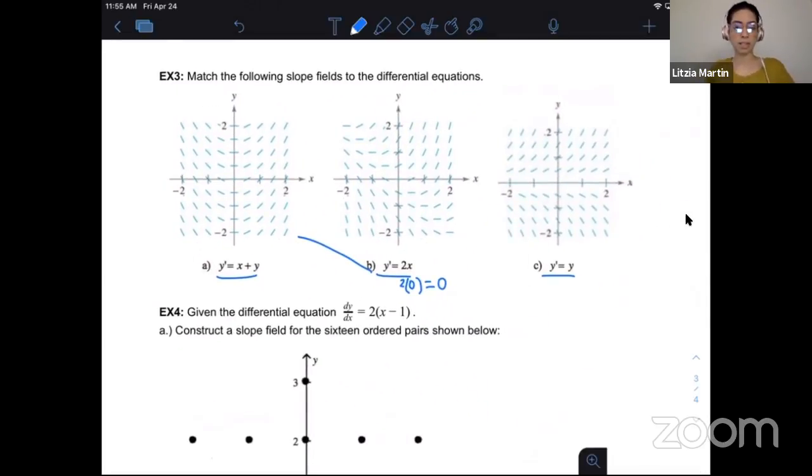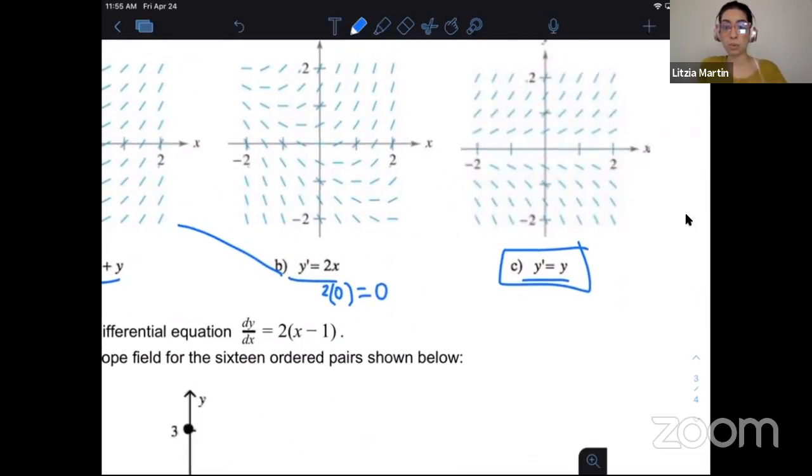Okay. Next, let's take a look at y prime equal to y. So that would mean the slope is dependent on y, right? It doesn't necessarily matter what x is. The slope is based off of y, and it's going to be equal to y.